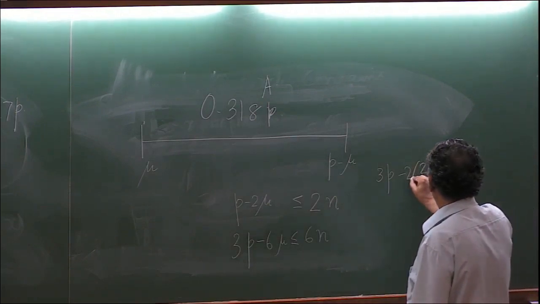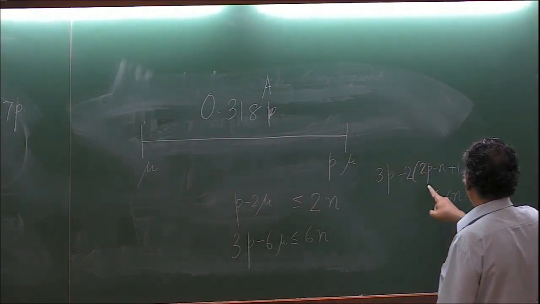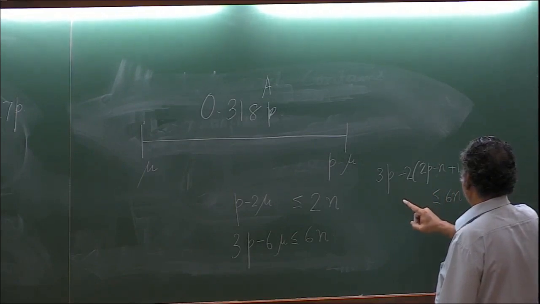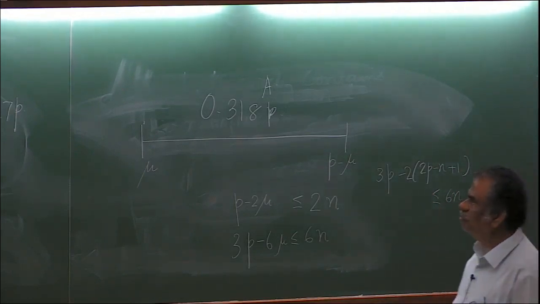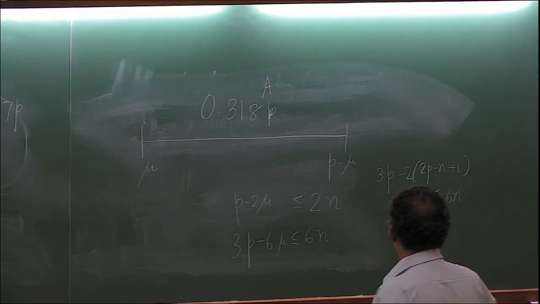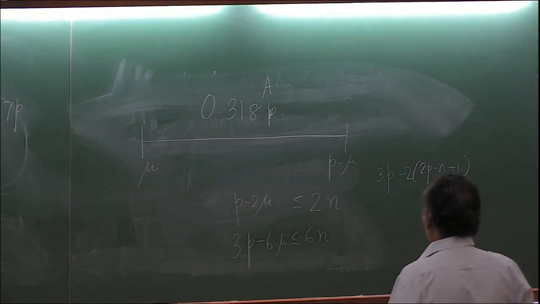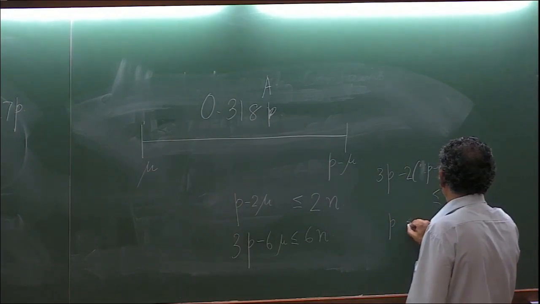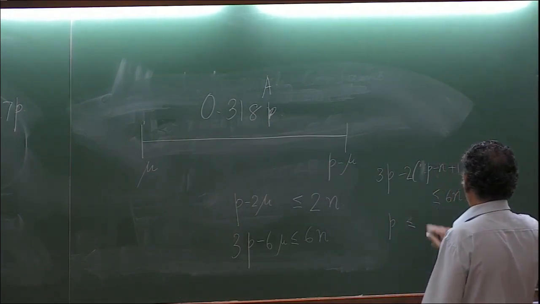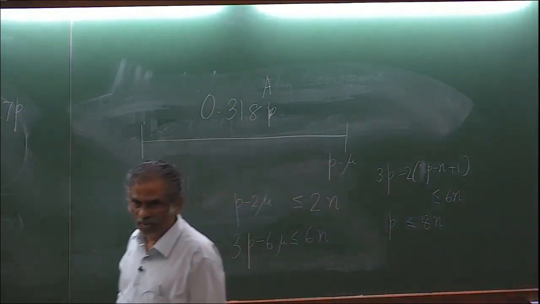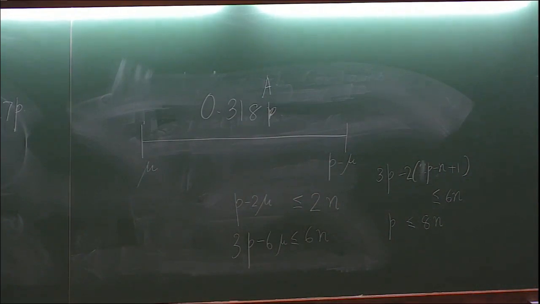And mu is what I have taken. 3 mu is p minus n, and therefore 6 mu is 2 times p minus n. Okay. Therefore, I have to verify whether p is less than or equal to 8n, which is clearly satisfied. Therefore, that condition is satisfied.